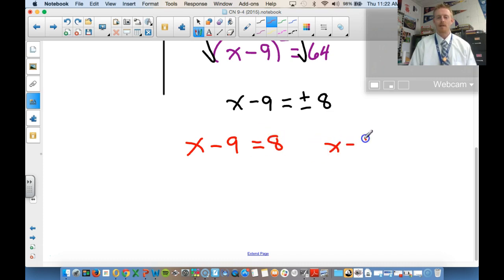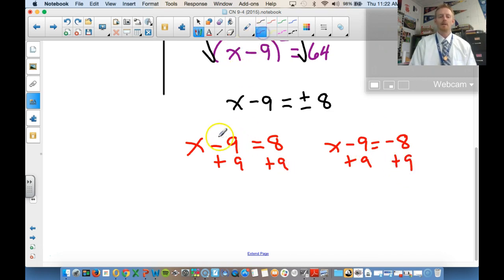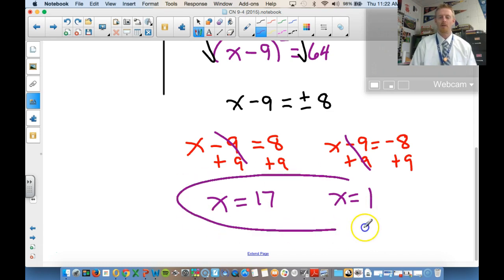And x minus 9 is equal to a negative 8. So we solve that by adding 9 on all sides. Oopsies, forgot it over here. And we get ourselves to a nice, beautiful final answer that x is equal to 17 and that x is equal to 1. And those are the roots to our parabola if we were to look at the graph.